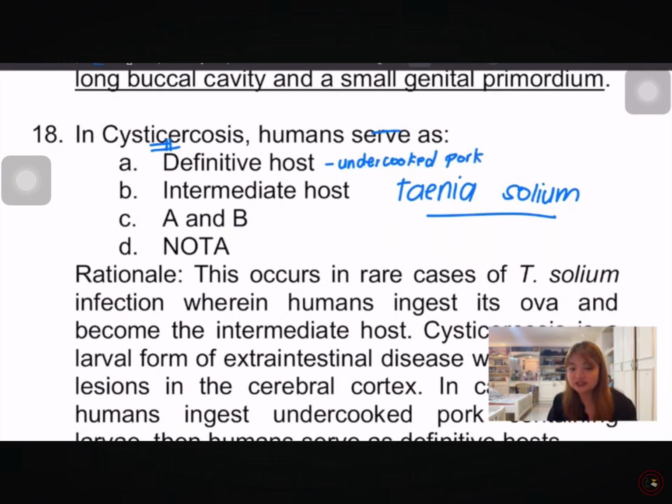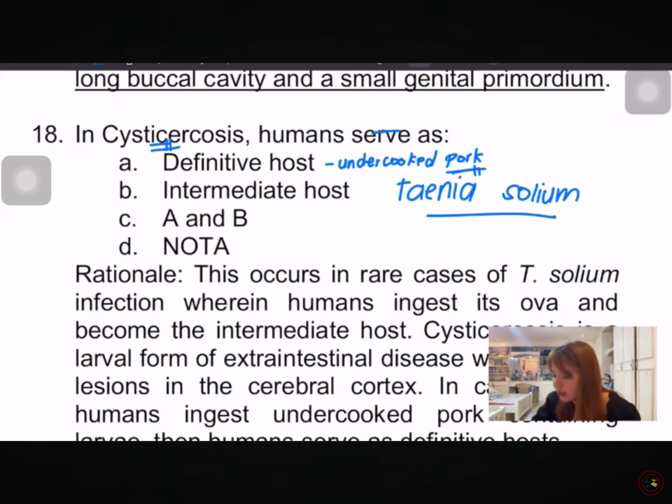Kasi yung ini-ingest natin, in this case, is yung larvae na nasa flesh ng pork. Or nasa flesh ng pig. Yun yung ini-ingest natin nun. And nagiging silang adult sa intestines natin, tapos naglilay sila ng eggs, kaya makikita natin yung eggs sa stool ng human.